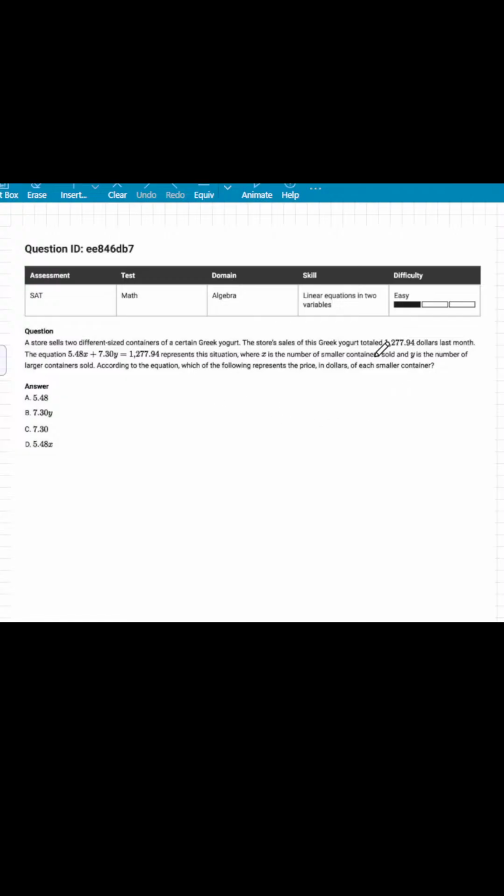So let us put this into equation. We have x as the number of small containers and y as the number of larger containers. And the total cost is 1277.94, and this equation has the total cost.